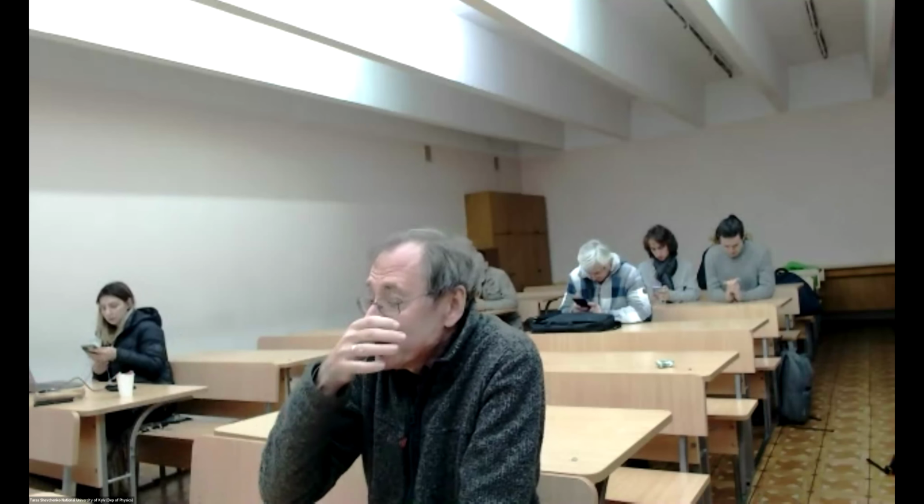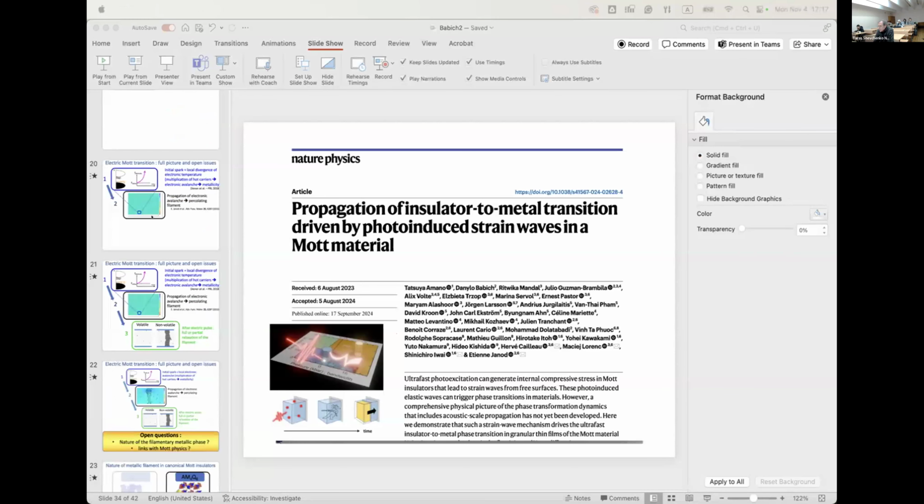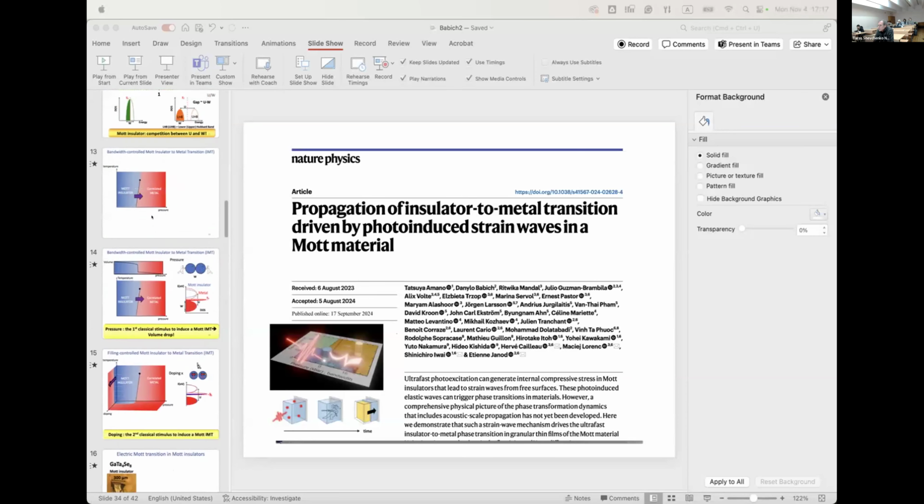Is it resistivity? Let me share my screen for a second. When you have a Mott transition, what is measured?